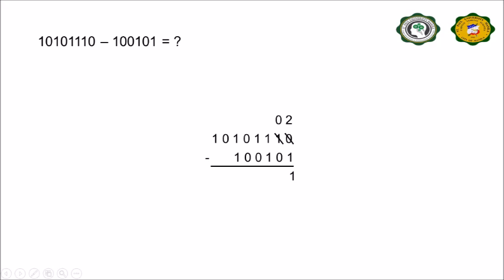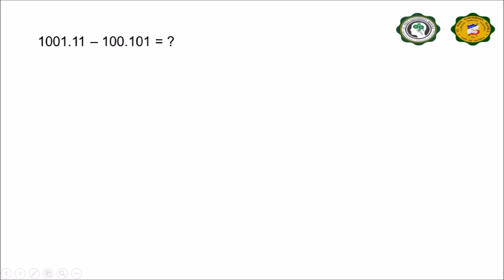So 2 minus 1 will become 1, and then 0 minus 0 will become 0. 1 minus 1 is 0, 1 minus 0 is 1, 0 minus 0 is 0, 1 minus 1 equals 0, and bring down 0 and 1. So the final answer will become 10001001.